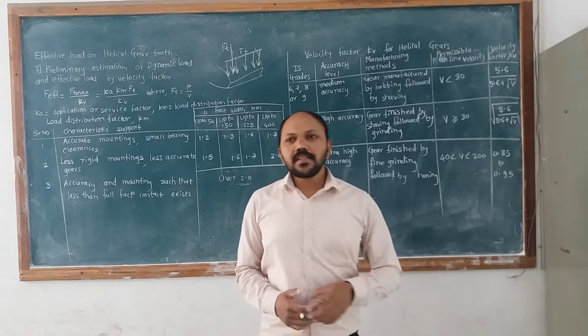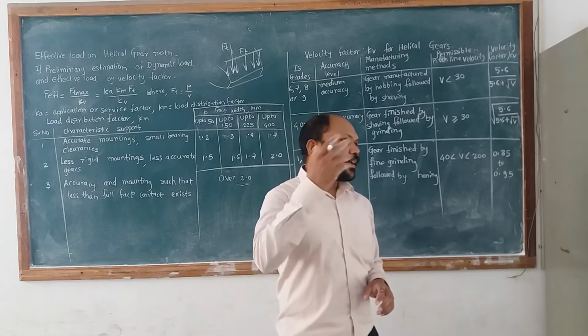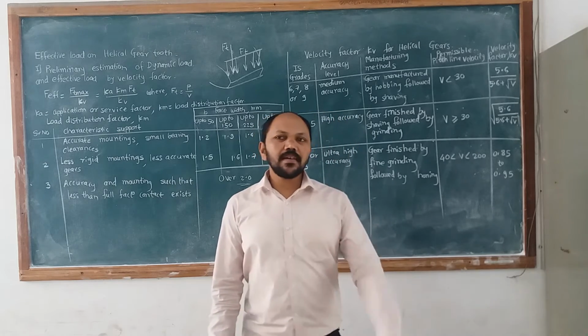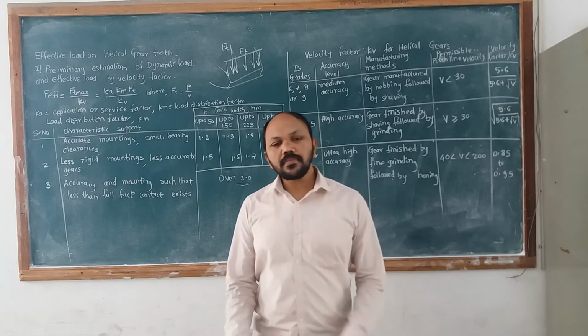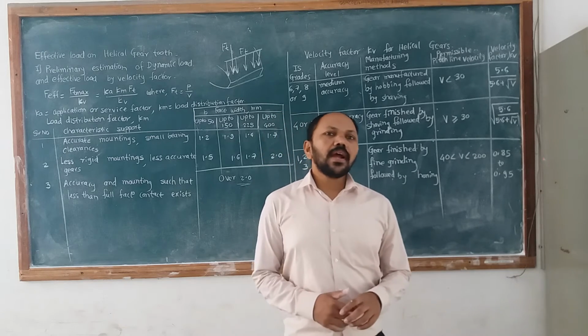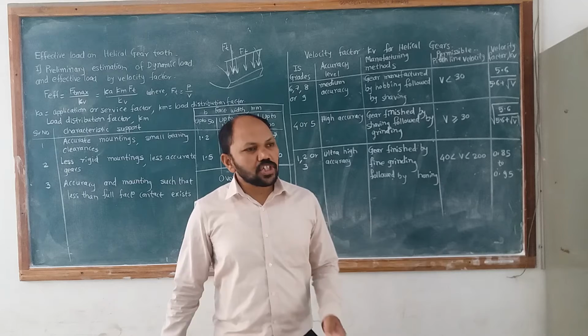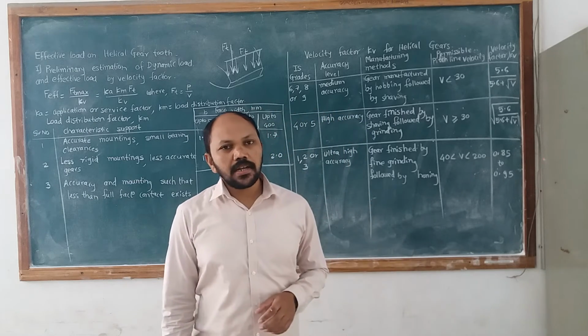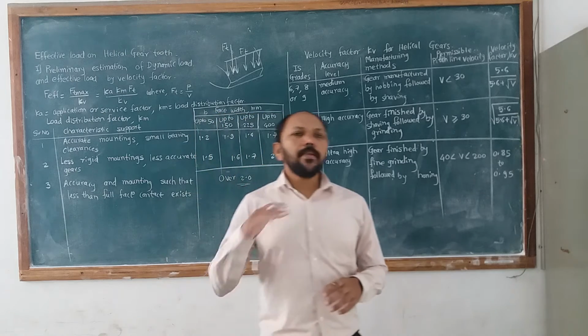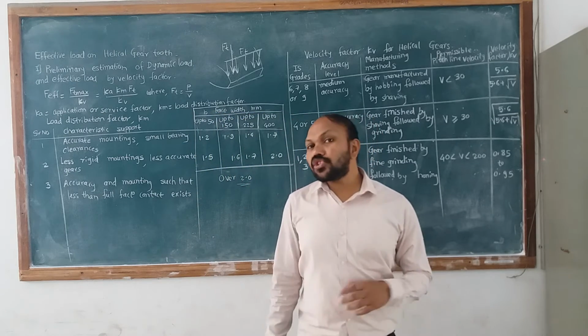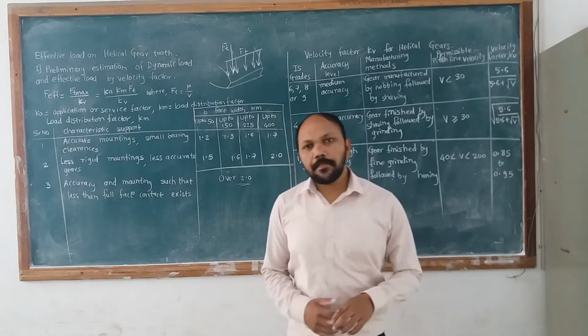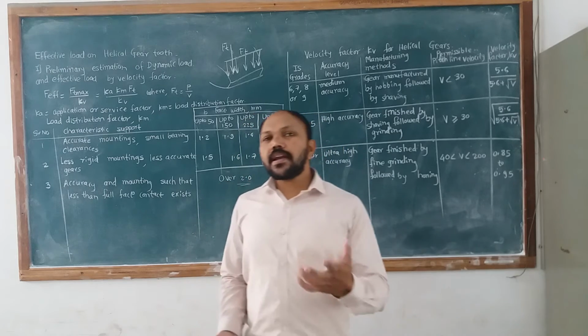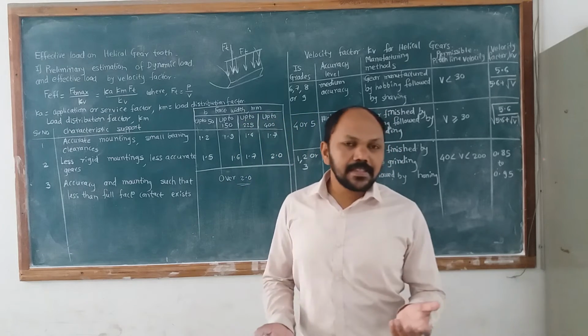So in that case you choose IS gear grade as low, for example 1 or 2. But if your application is general, for example a gearbox for a concrete mixer, then middle range gear grades are possible to use. So you choose gear grade number 5 or 6 or 7.